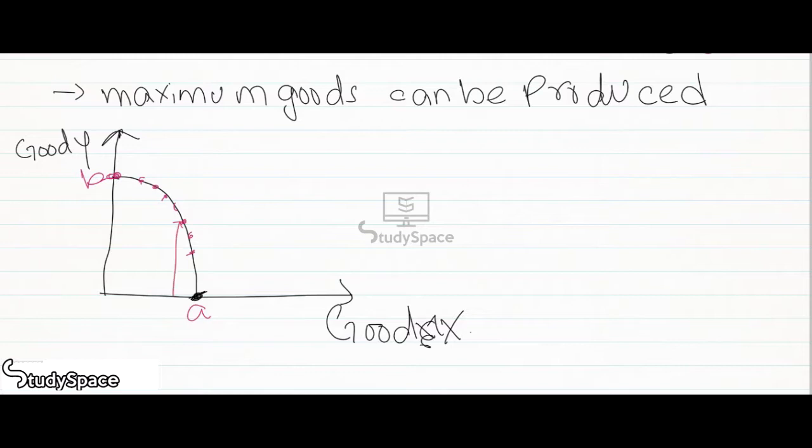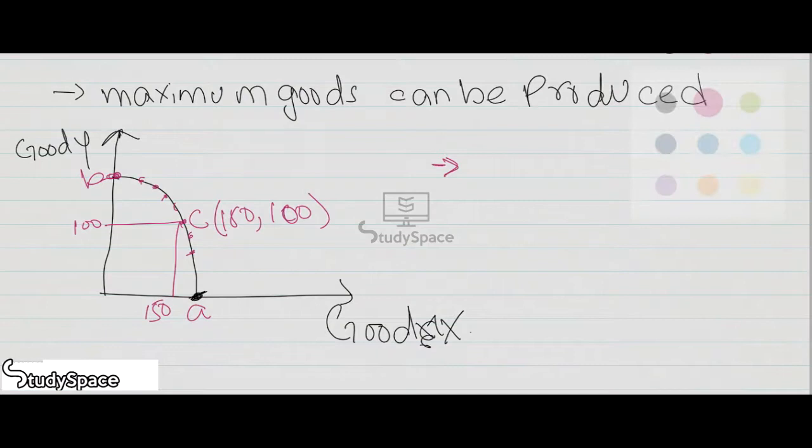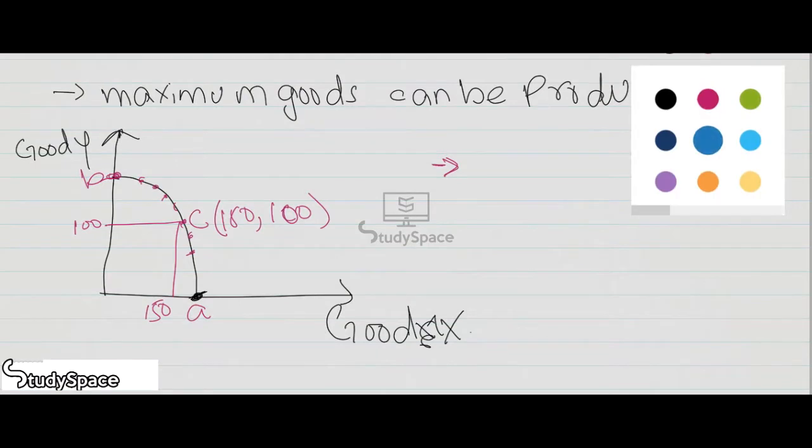Let's say at this combination C, I can produce 100 of good Y and 150 of good X. So this is one of the combinations that I can produce by using all my resources on this production possibility curve. Before moving further, there are two very important things about this curve.